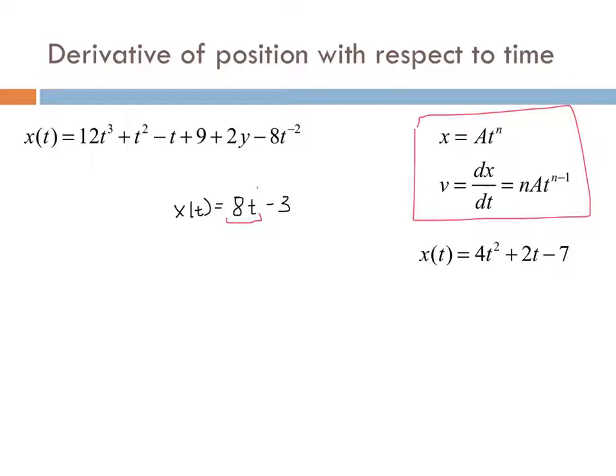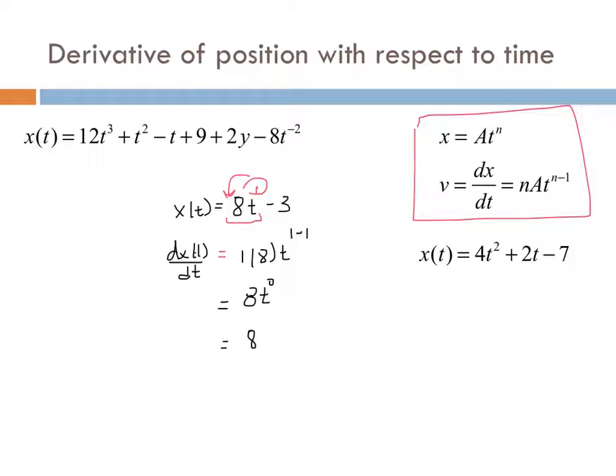Here we can see that 1 is the exponent for the t, so we bring that down to the front, and our equation looks like the derivative of x with respect to t is equal to 1 times 8 times t to the 1 minus 1 power. To clean that up, that becomes 8 t to the 0, or just 8. Remember that anything to the 0 power is 1.